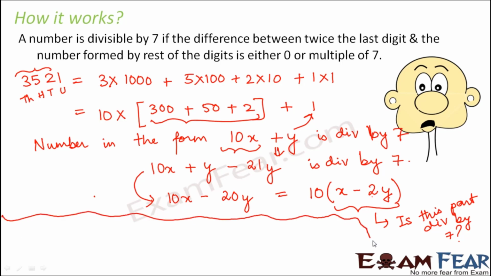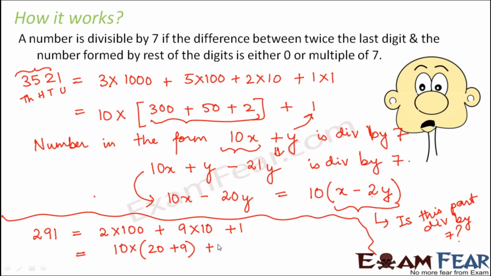So let us try to put the same logic to some other number. Let us say the other number which we had considered, that is 291. So 291 can be written as 2 into 100 plus 9 into 10 plus 1. So this can be written as 10 into 29 plus 1. So here what is x? X is this. And what is y?